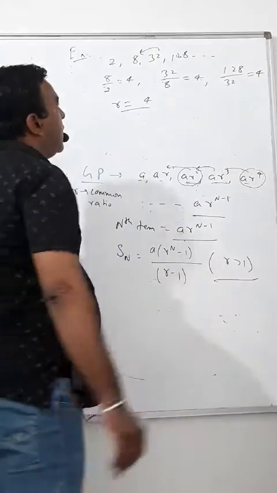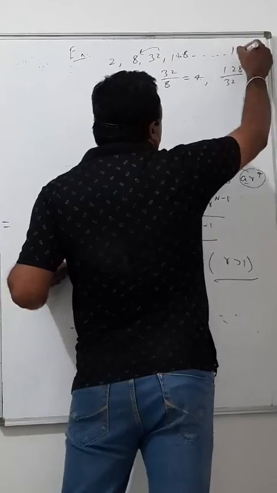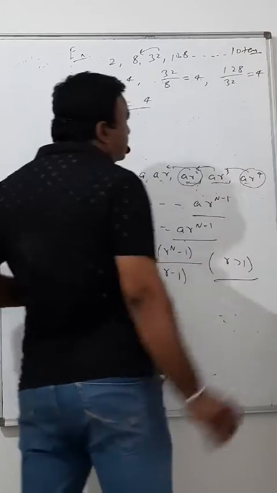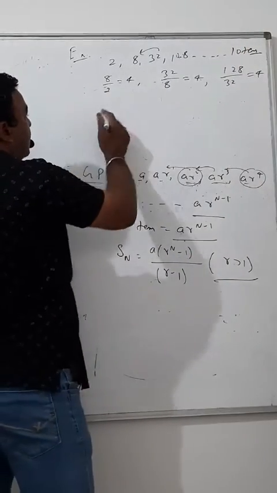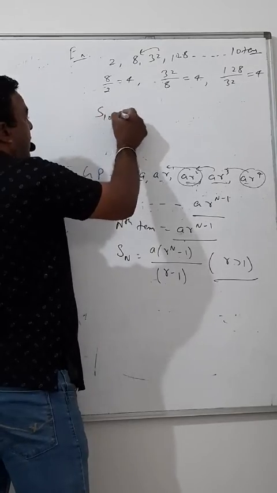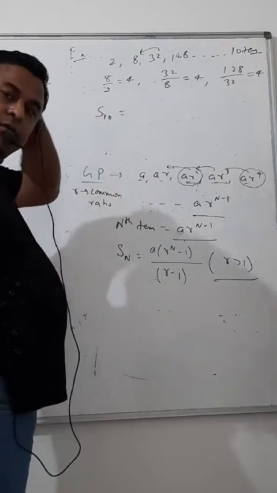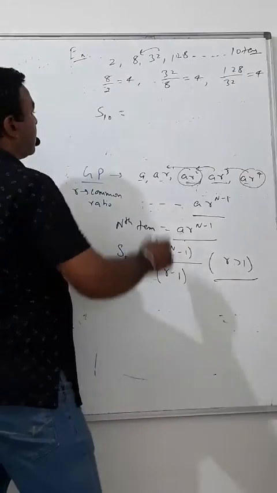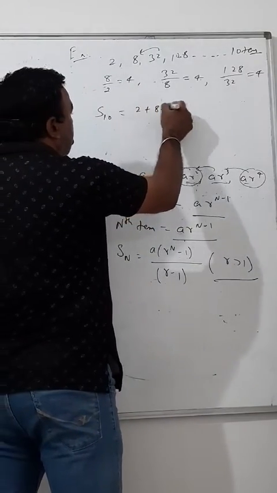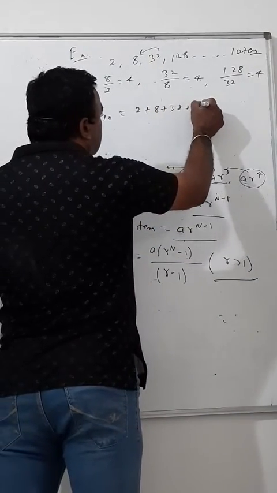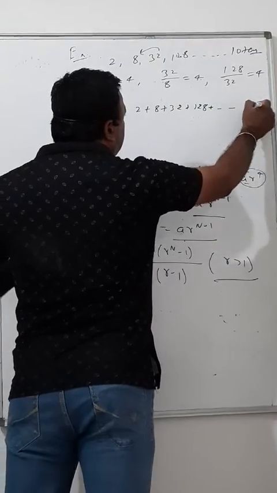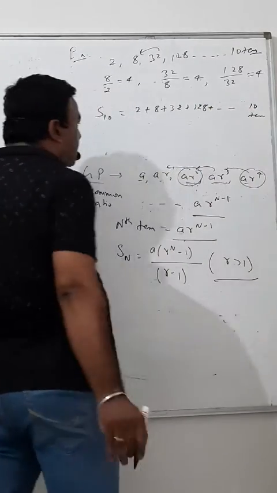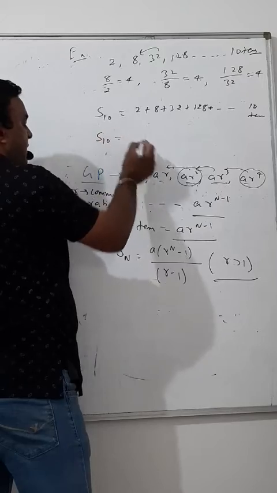Got it? Now there are 10 terms, so we need to find the sum of 10 terms: 2 plus 8 plus 32 plus 128 up to 10 terms. The direct formula is this.